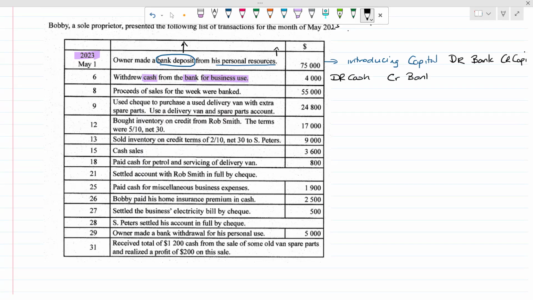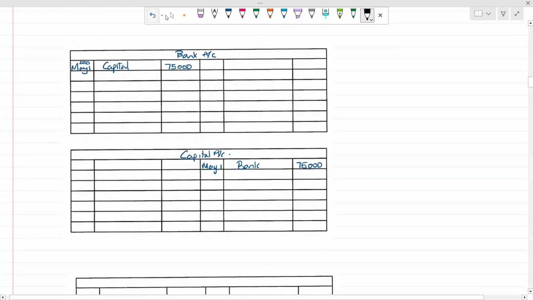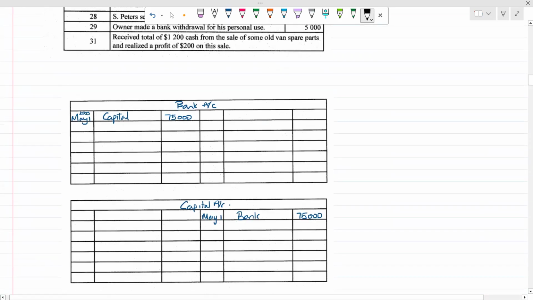Well, the bank is going down. That's all right, I must still explain it. You're taking money out of the bank and it comes out in cash, so they increase the amount of cash. So we're actually going into the bank account here, and this is on what date? May 6th.